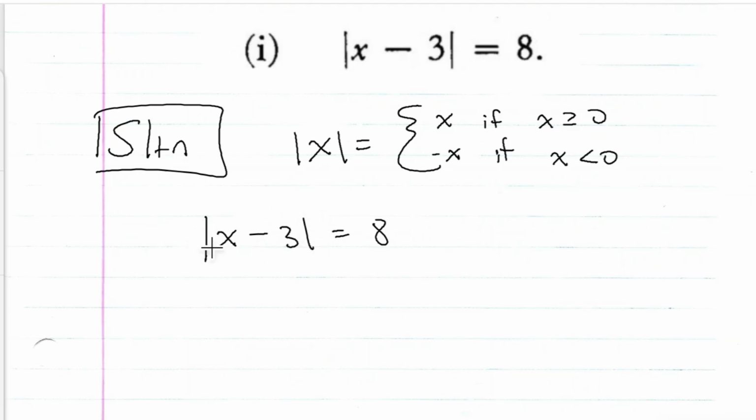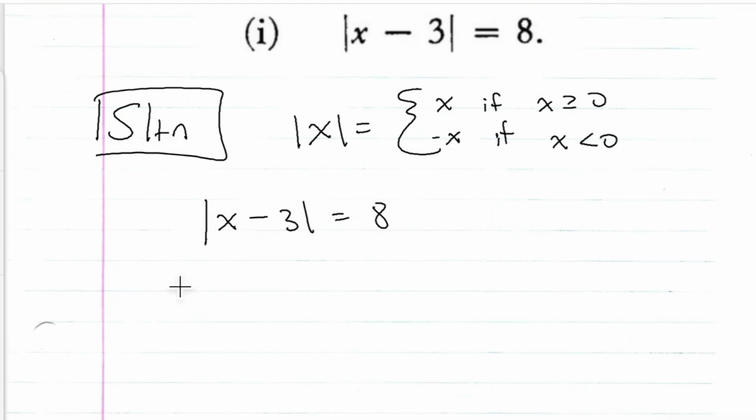One, if this expression is bigger than 0: if x minus 3 is bigger than or equal to 0, then x minus 3 is equal to 8. So we're just using the positive attributes of this absolute value.